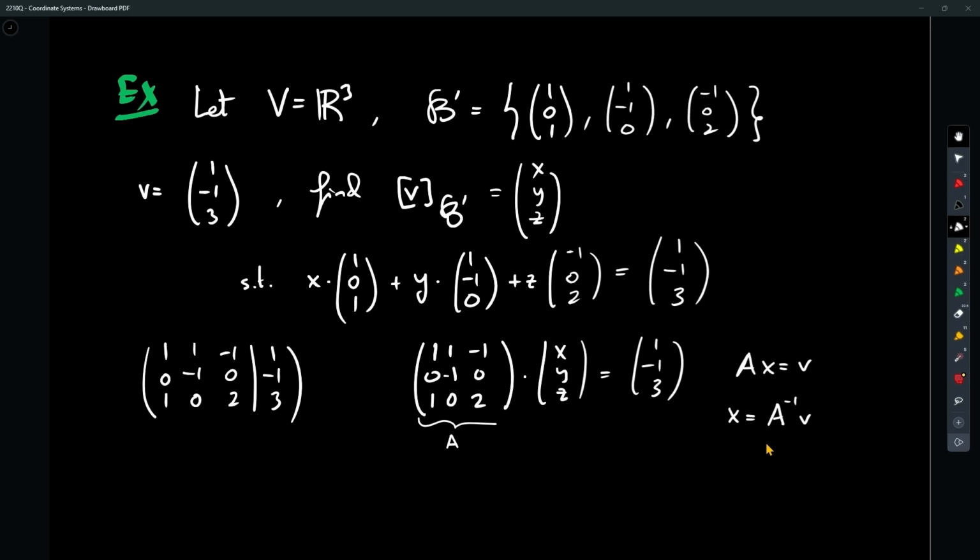By the way, these are the coordinates of V with respect to B, where B is the canonical basis.